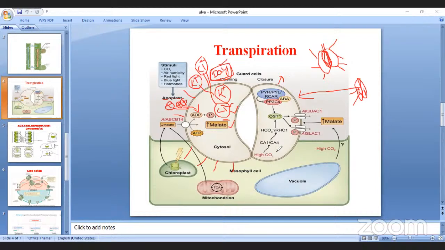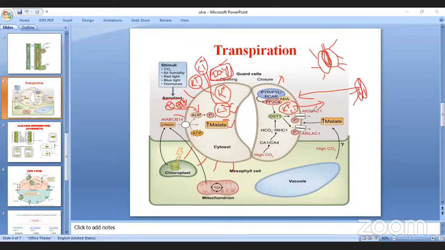The K plus and Cl minus both move out from the guard cells. The reverse order means the K plus and Cl minus already deposited both go outside, move out.